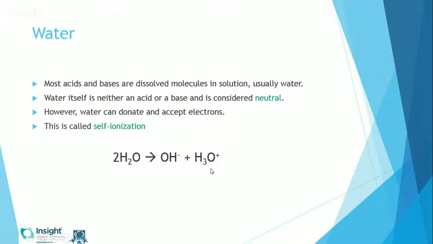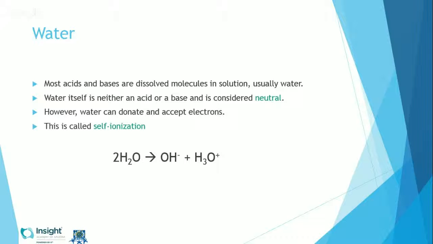In this sense, you have an electron acceptor, which is the OH minus, or your base. Sorry, I think I'm getting that backwards.